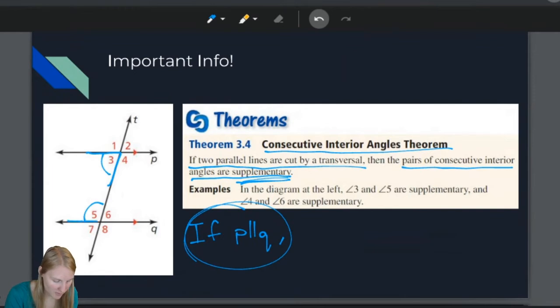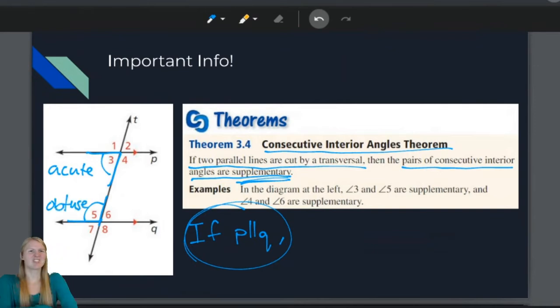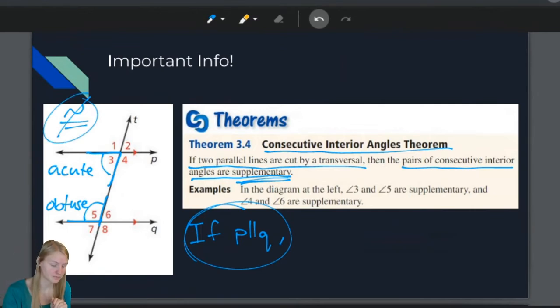And angle 5 is obtuse, right? It is bigger than 90 degrees. So, acute, obtuse. Is it possible for an acute angle to be congruent to an obtuse angle? Something bigger than 90 degrees is congruent to something smaller than 90 degrees? No. No, these cannot be congruent. It's not possible for them to be congruent.